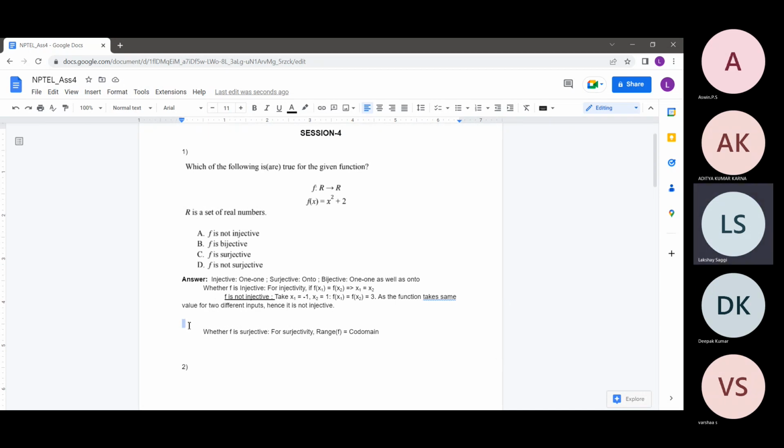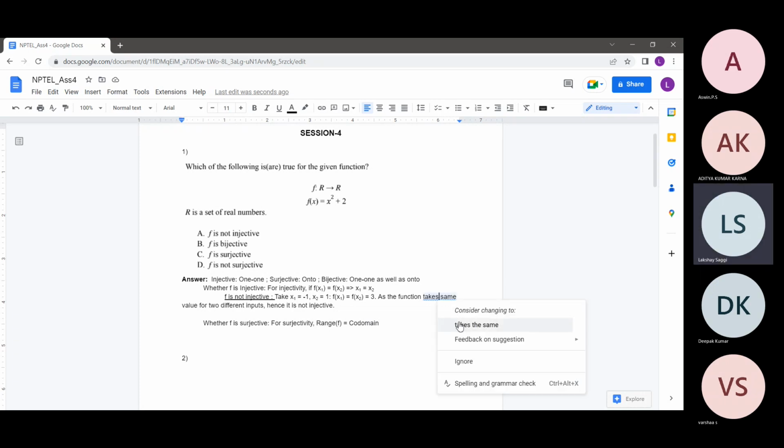Similarly, checking for surjectivity. For surjectivity, we need to show that the range of f is equal to the codomain. You must have learned in the lecture what the codomain is and what the range is. So we need to show that every element of the codomain should have a pre-image, if you guys remember the definition.